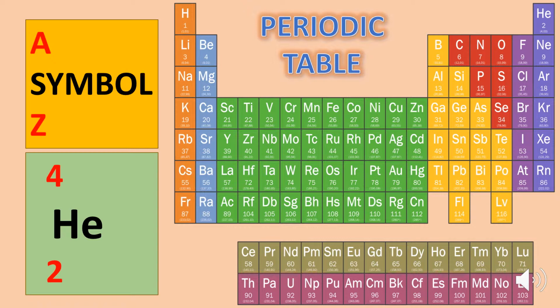Here you can see that the capital H denotes the symbol of the element hydrogen. Right below the hydrogen, 1 is the atomic number, and as you can see here, below 1 there is an atomic mass or the mass number of the hydrogen element.